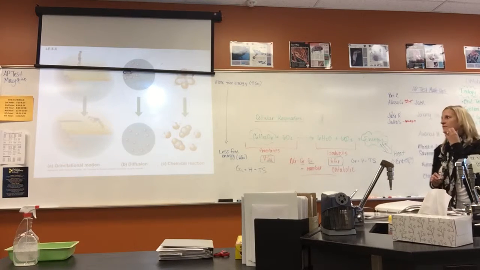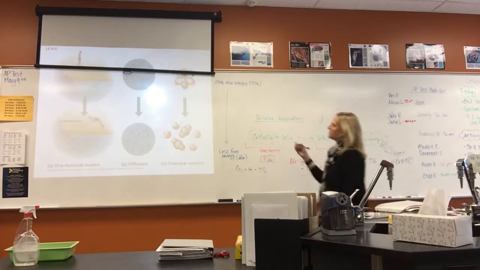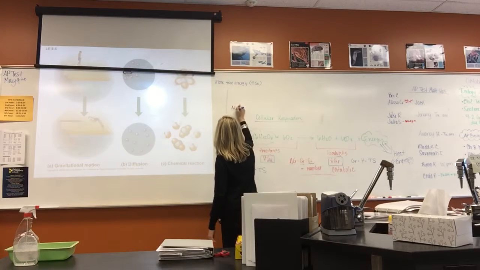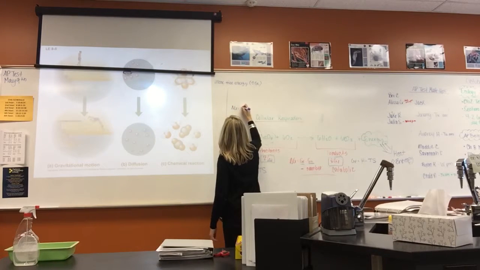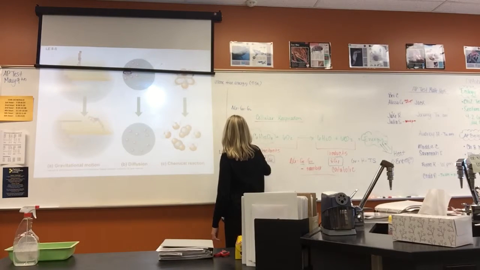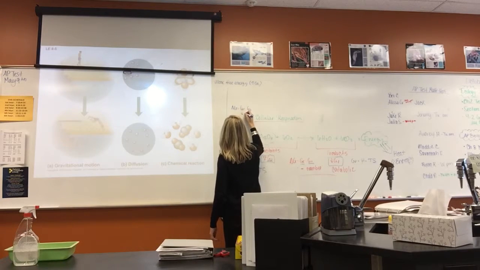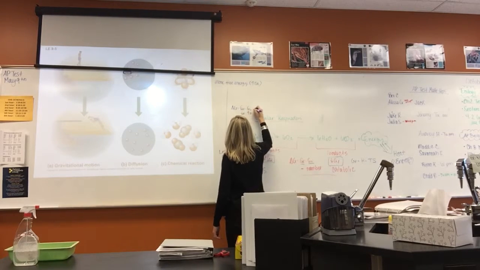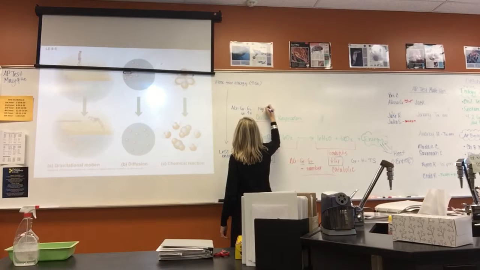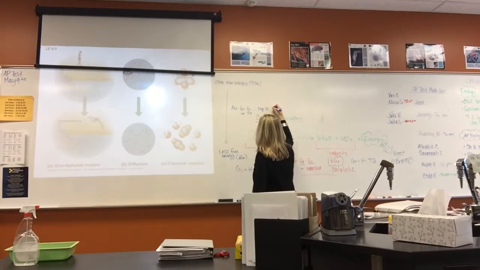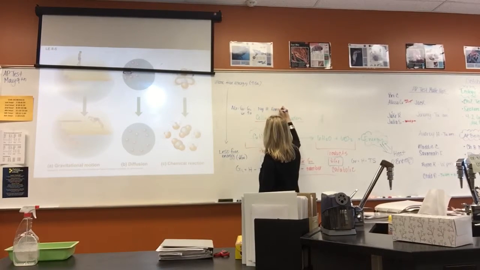Released, yeah, because your delta G here is G final minus G initial. You have a lower number minus a higher number, which gives you a negative number, which means energy is released.